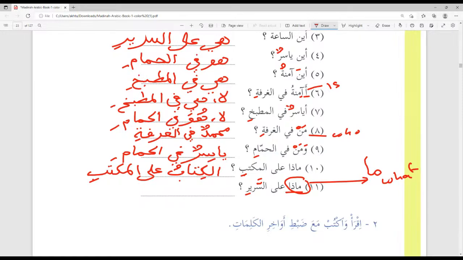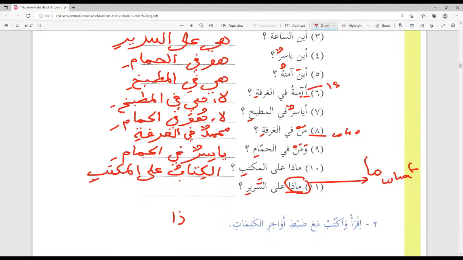If we break it down, ذا is what we call حرف التنبيه, which you use to catch someone's attention.